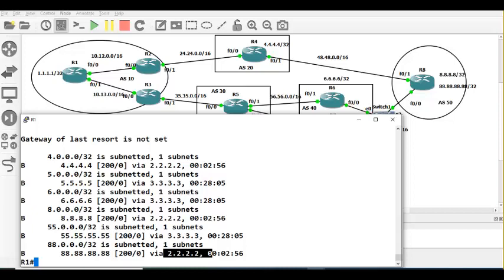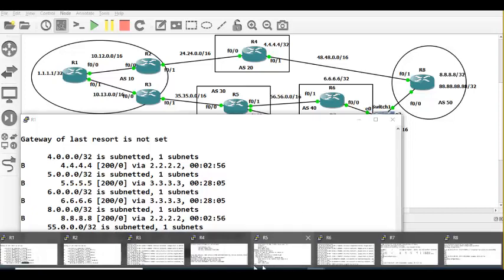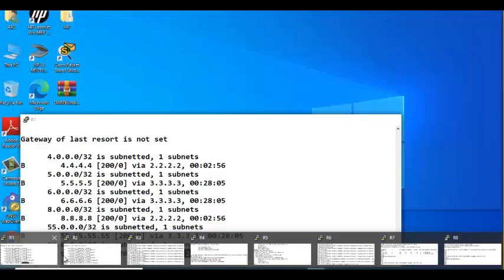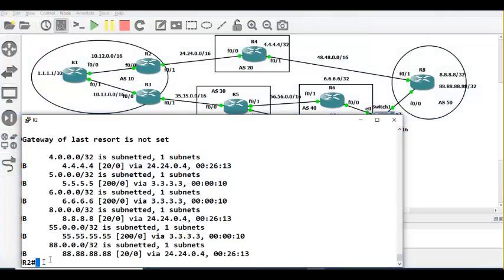Which means router 1 will not advertise something which is not in the routing table. Right now, router 2 learns some routes from router 1. These are the routes, coming from router 1, passed on by router 3.